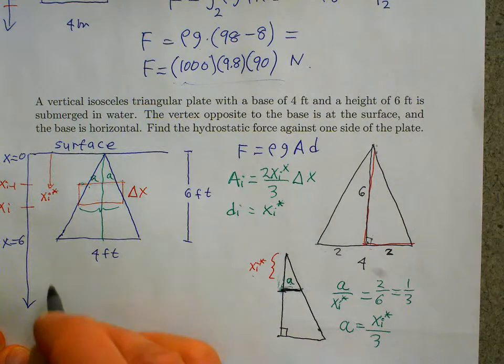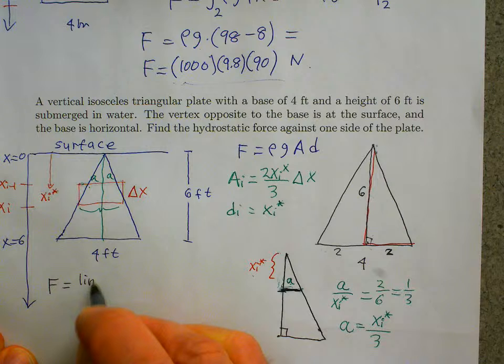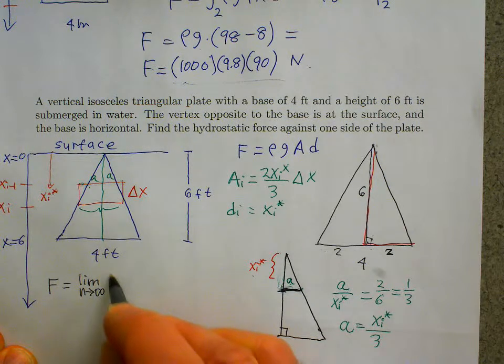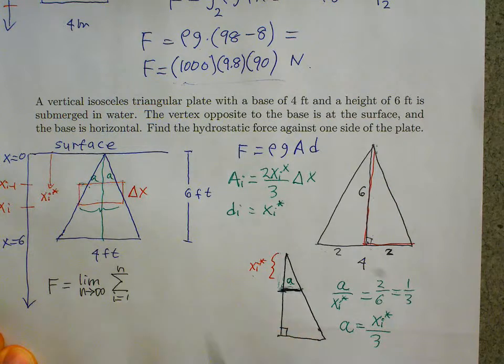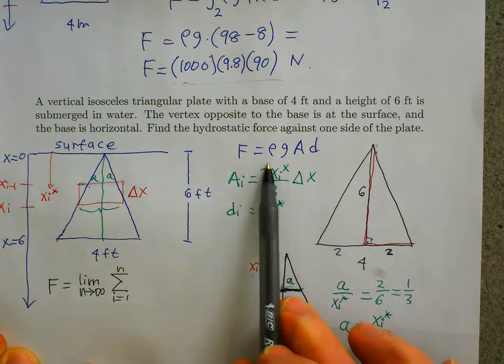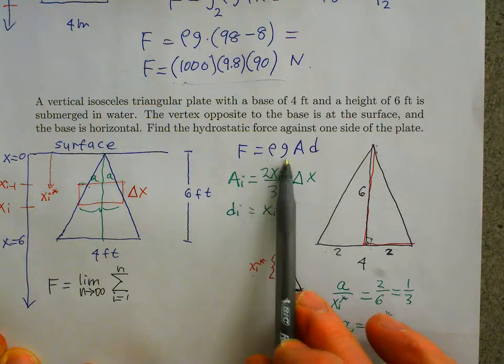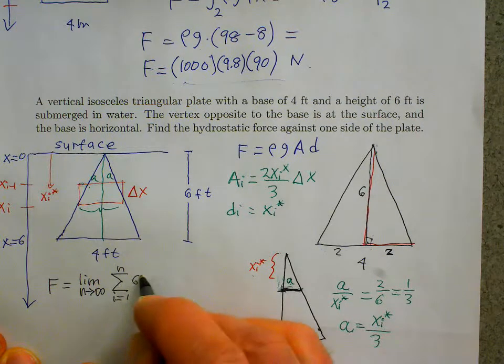So I think we can write down the hydrostatic force as the limit as n approaches infinity of a Riemann sum from i equals 1 to n. I'll replace rho times g in this case with 62.5.